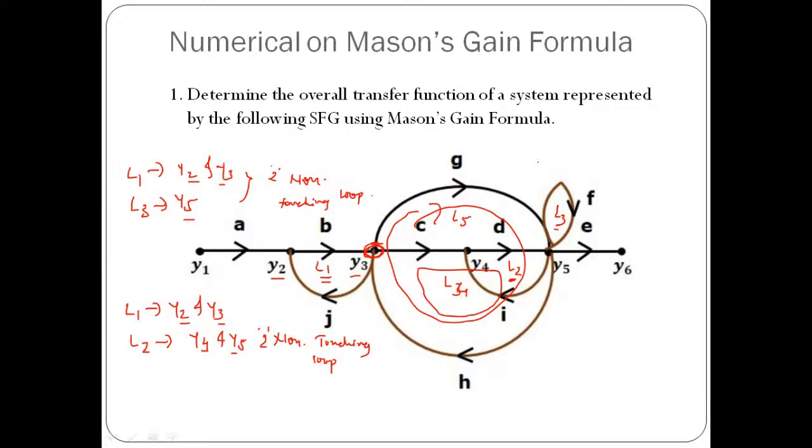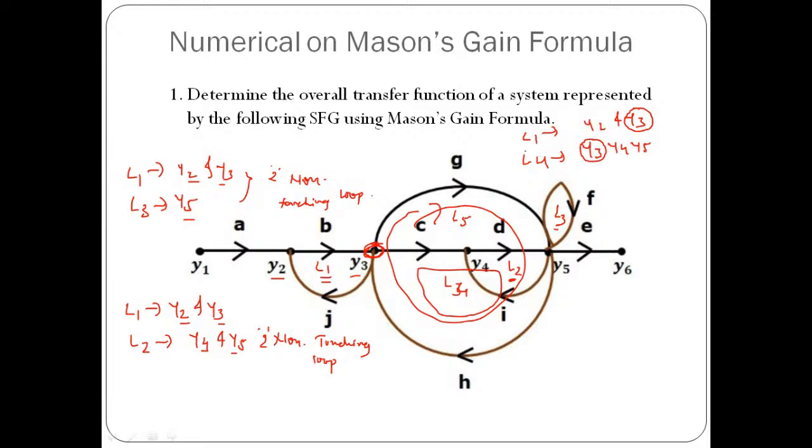You can also write over here like loop 1 is formed between y2 and y3, and loop number 4 is formed between y3, y4, y5, and then coming back to y3. So see here, this y3 and this y3 is common. Hence loop 1 and 4 are a pair of touching loops.